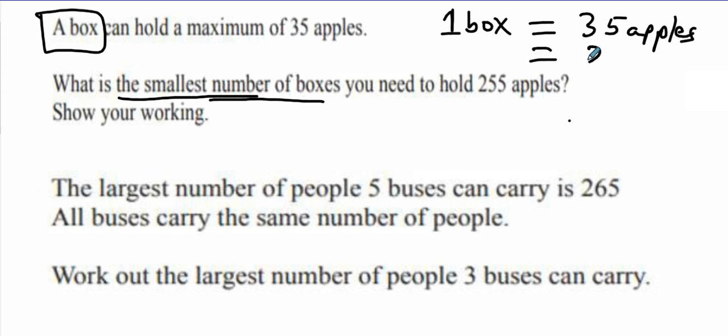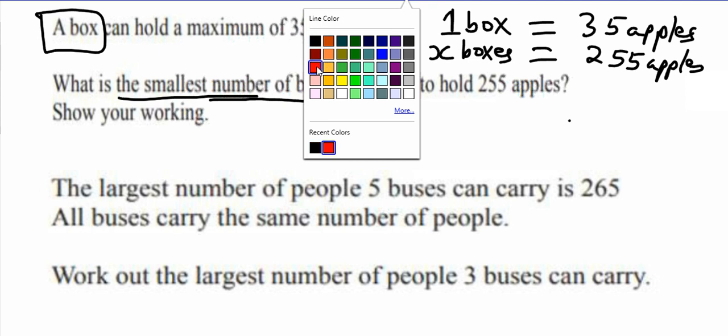You have 255 apples. Equals how many boxes? So put a letter, because you don't know the number of boxes that will hold 255 apples. So what we do from here, we simply cross multiply.